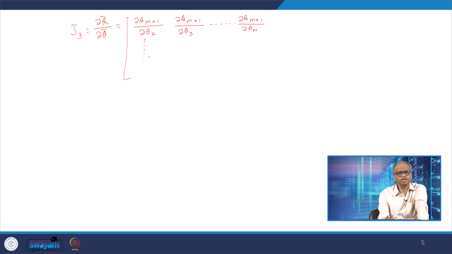So the next row would be del Qm+2 by del theta 2, and so on and so forth, and then lastly the last row would be del Qn by del theta 2, then del Qn by del theta 3, and then dot dot dot del Qn by del theta n.